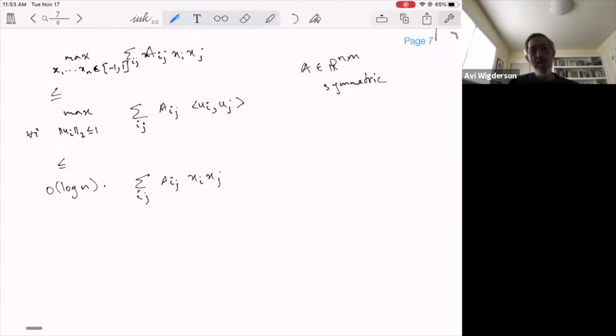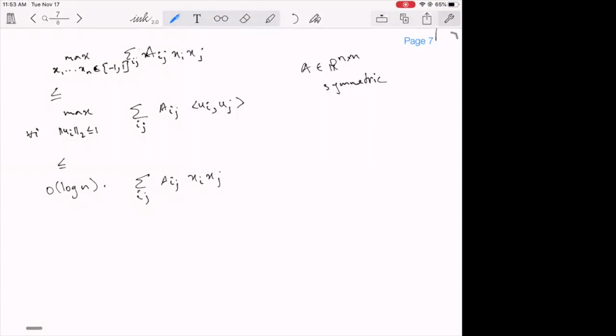So what should be obvious is that when you relax from scalars to vectors, you never need to go to vectors of dimension above n.